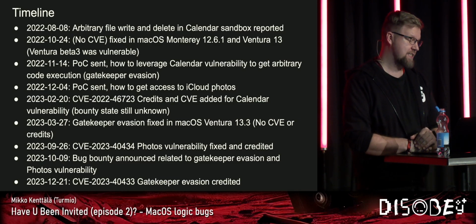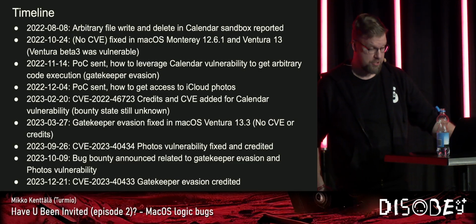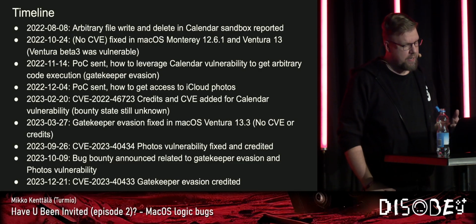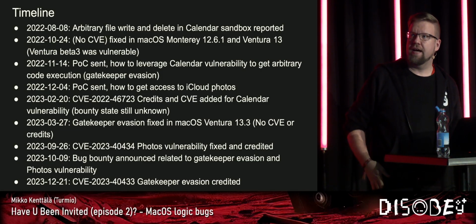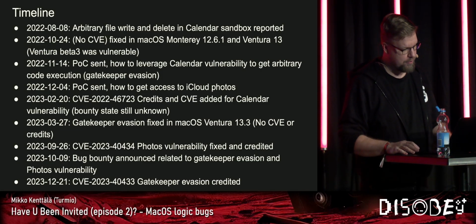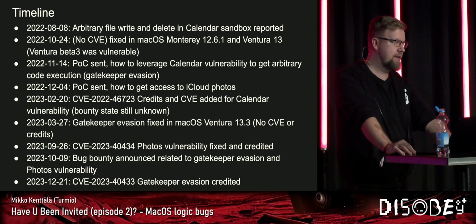At that phase, I just said that there's arbitrary file write and delete, which should be enough for a CVE, but they said that there was some misunderstanding and they later on fixed it. I did the report, but I was really busy with my work life and everything during that time, so I didn't immediately push it forward from the research point of view.